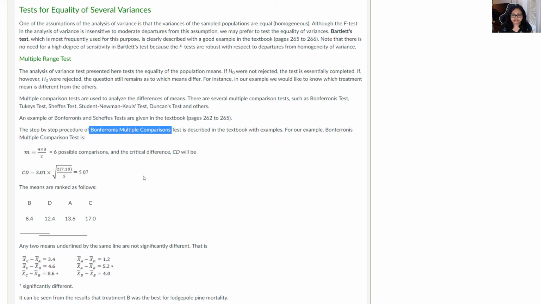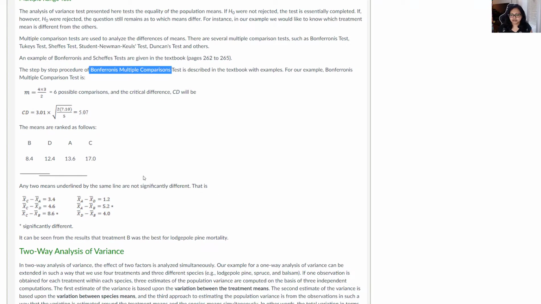They can do the t-test as well, but Bonferroni is easier than doing many t-tests. In Bonferroni's test, the main item is to find the value CD. If you find this CD value, then you can compare it with the differences you have in each of those pairs.